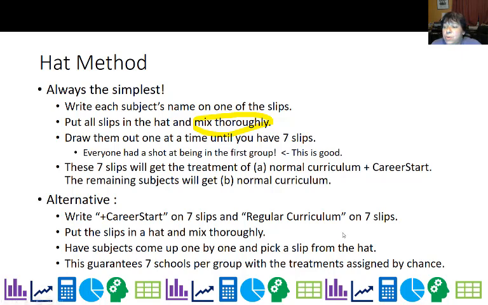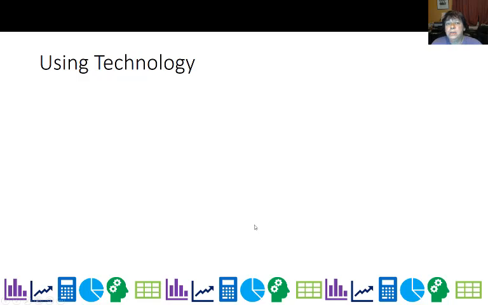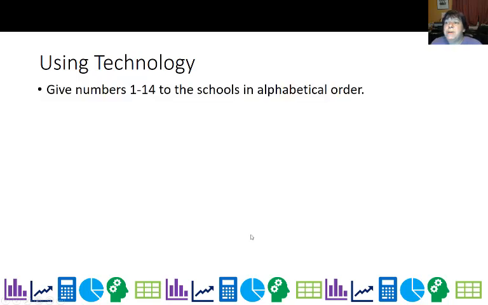And as you recall, we looked at that 2017 free response question, where they did the chip method and the flipping the coin method. And this is a lot like the chip method in that example. So using technology, give numbers 1 to 14 to the schools in alphabetical order.